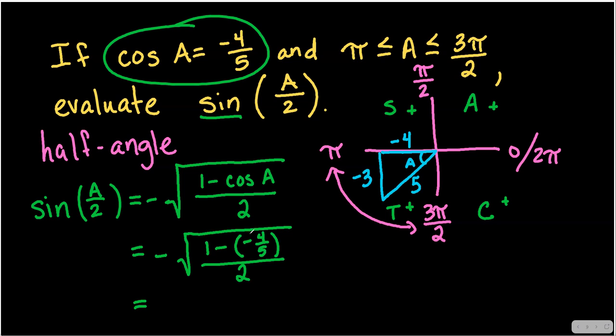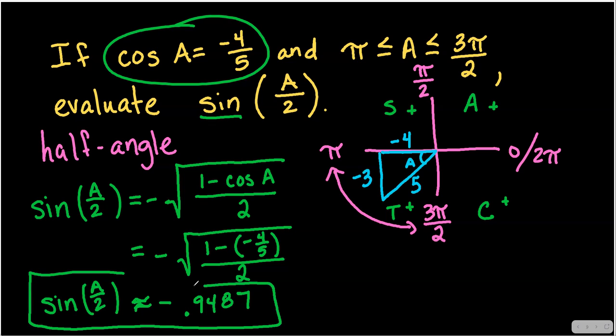When I plug this into a calculator, what I get is an approximate answer of -0.9487. So sine of A over 2, based on this problem, would be approximately -0.9487. And we have our solution.